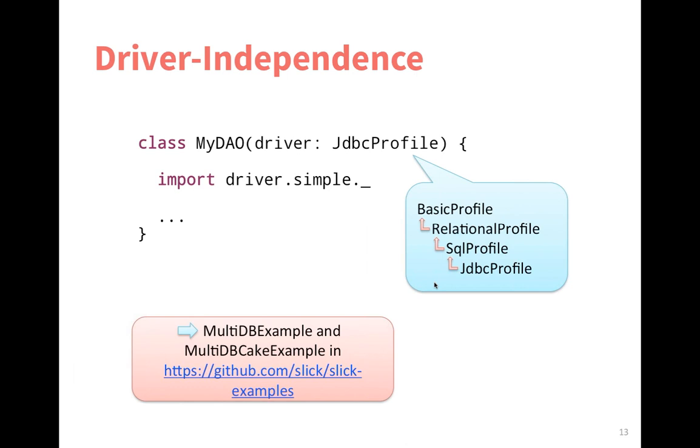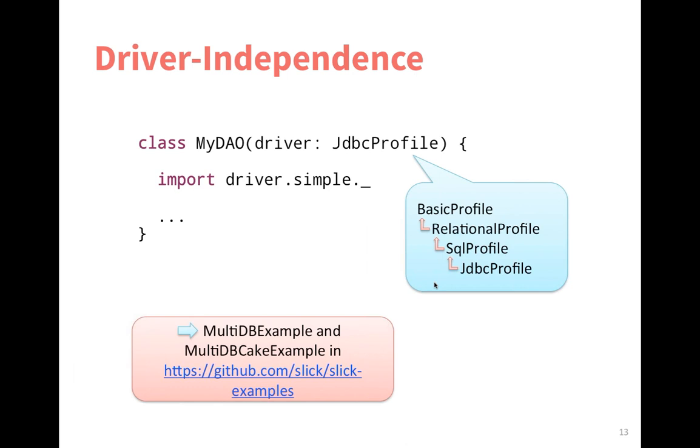Then further up, there's RelationalProfile, which assumes a relational model for describing your tables and columns, but does not assume any query language. And even further up, there's BasicProfile, which just assumes that you can connect to a database and send a query and insert data, but does not define any of the specifics.